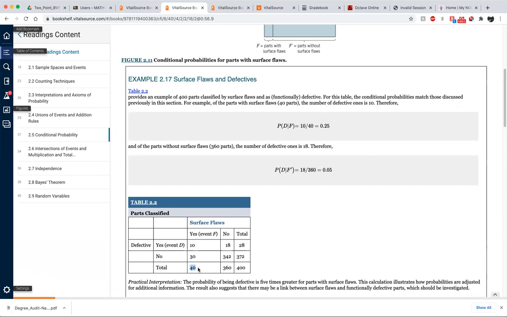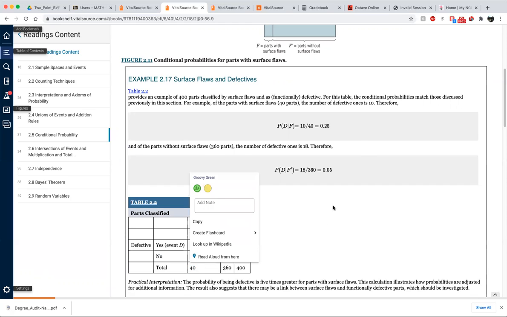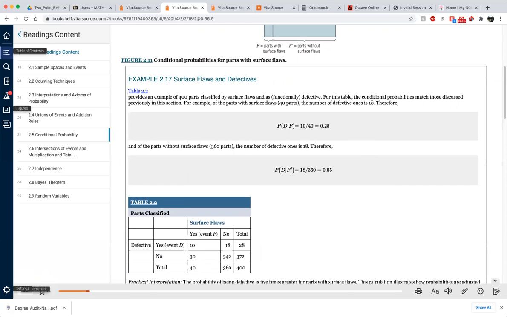It's 40, right? Of those 40 parts, the number of defective ones is 10. So out of 40, 10, right? Therefore, we want the probability of a defective part, given that the part has a surface flaw.